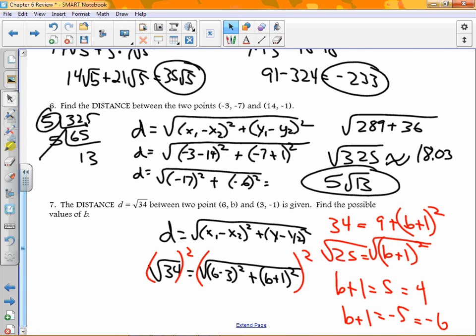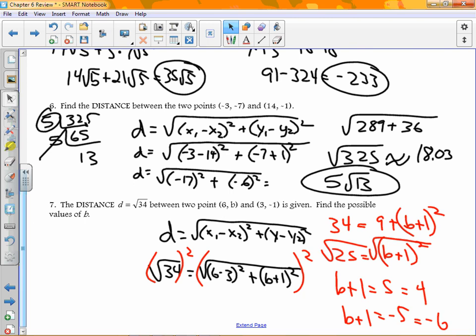Remember yesterday I did the number above it and below it, and I said notice that both of these numbers work. I can either put a 4 right there, and this gives me 5 squared, or I can put a negative 6 in for b. Negative 6 plus 1 is negative 5, the same thing. So guys, this problem has two possible solutions. It's either 4 or negative 6.